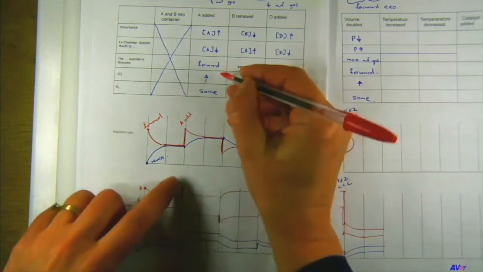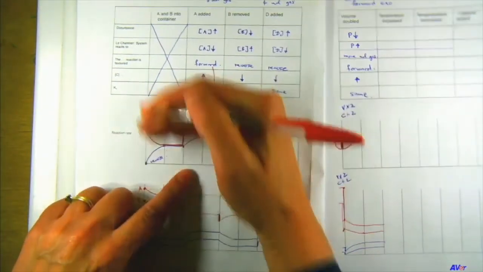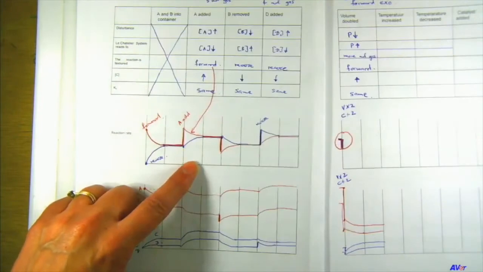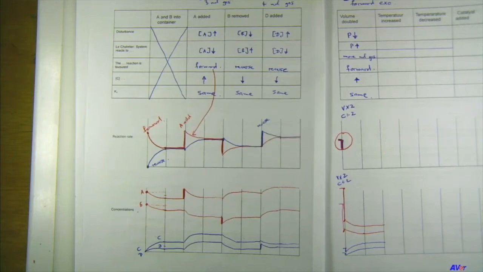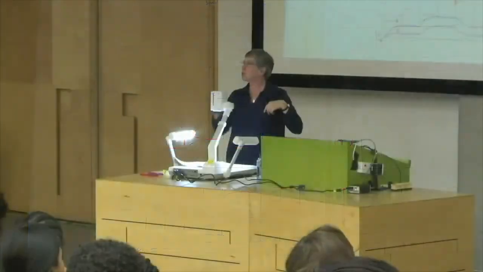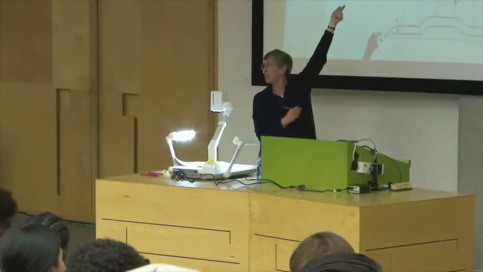So if forward was favored, go down there and you will see forward has got the bigger rate. We're going to use that sometimes when they give you a graph and they ask which one is favored. The top one is favored because it's got the bigger rate.